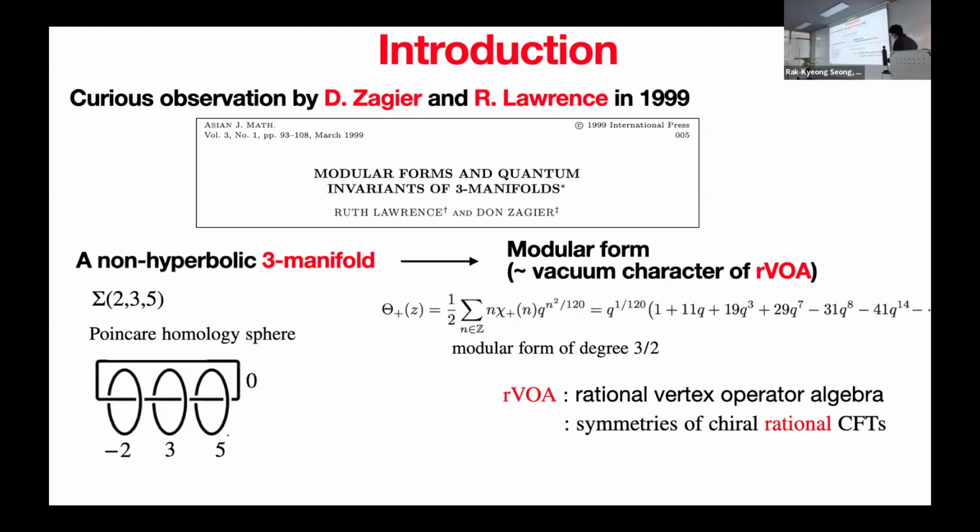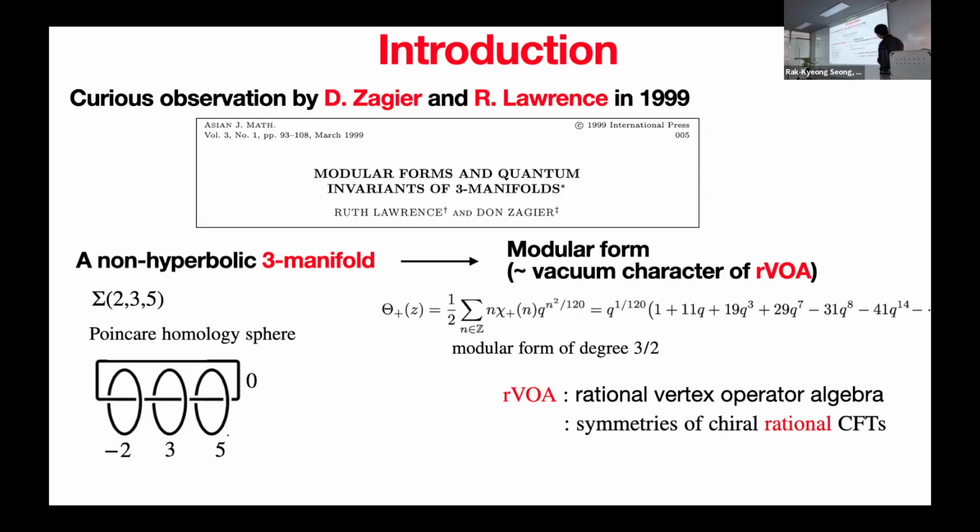What they found is that they consider a quantum invariant called the WRT invariant and do some multiplication, and it turns out that this partition function, this WRT invariant, can be turned into some modular form. Actually, it will be just a vacuum character over the rational VOA.